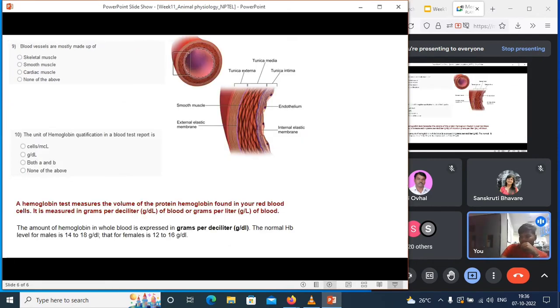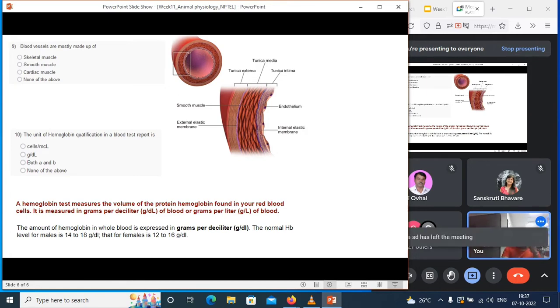The last question is there. Blood vessels are mostly made up of smooth muscles, I think we have already discussed this several times, because smooth muscles are a part of all the vital systems. The blood vessels comprise different types of cells.